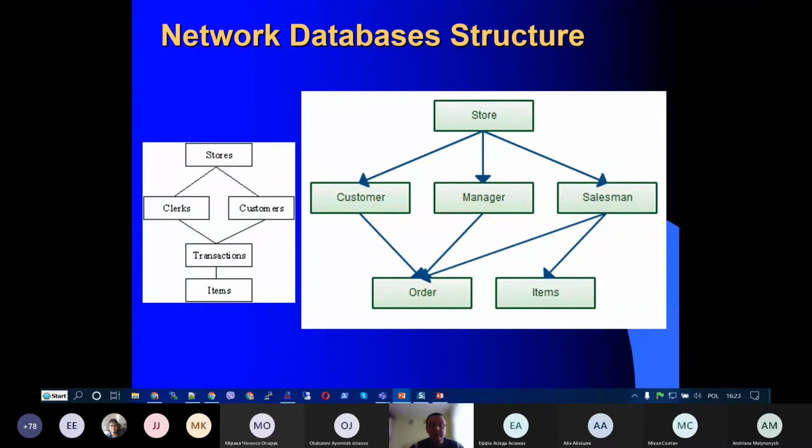Here is a very simple example, but practically we will have something much more complicated. For instance, it's like the visualization of friends' connections to their friends, and friends of friends of friends in social networks. So it's a fine example of what a network database structure is.